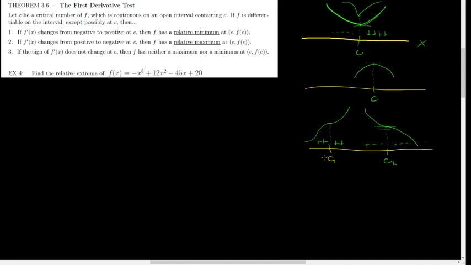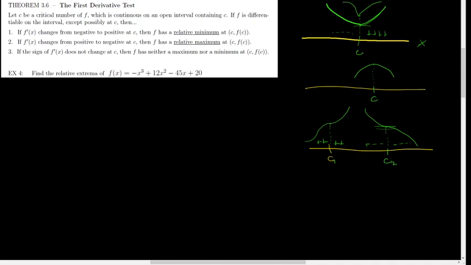So a critical number does not mean a minimum or maximum. However, a maximum or minimum has to occur at a critical number. But the reverse is not true: you can have a critical number and not be a minimum or maximum.